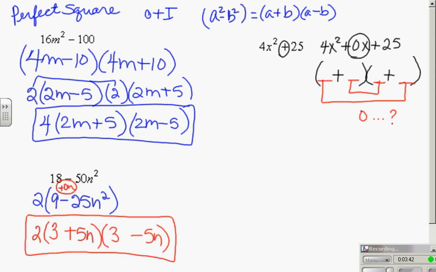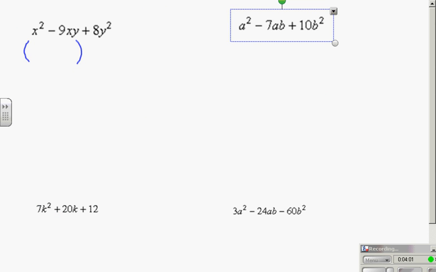It's pretty quick to see that you can't add two numbers together that are both positive and come up with 0. It always has to be an opposite sign situation to make 0m, 0n in the middle. So that's why we cannot factor the sum of perfect squares.